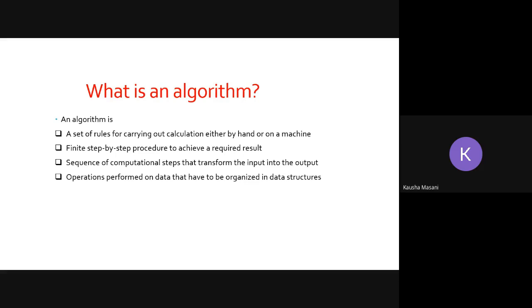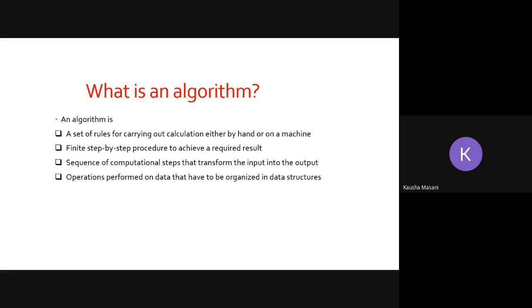Second, your algorithm is a finite step-by-step procedure to achieve a required result. Point three, it is also the sequence of computational steps to transform your input into output. Or fourth, what you can say about an algorithm is operation performed on the data that has to be organized in the data structure.